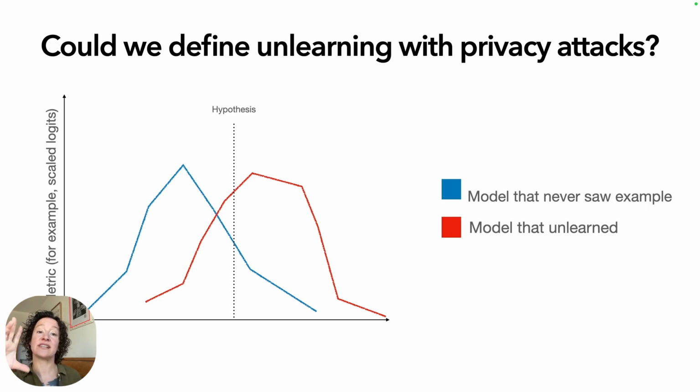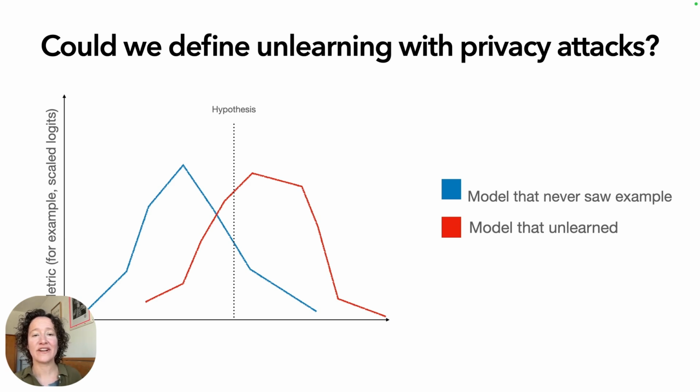And then maybe we scale this so that we can better compare apples and oranges, so to speak. We want to try to put them in some normalized space, and so we use scaling to do that. But basically, we're just trying to say, I think my hypothesis threshold is here, and everything on this side I think is the unlearned model, and everything on this side is the model that never saw the example.